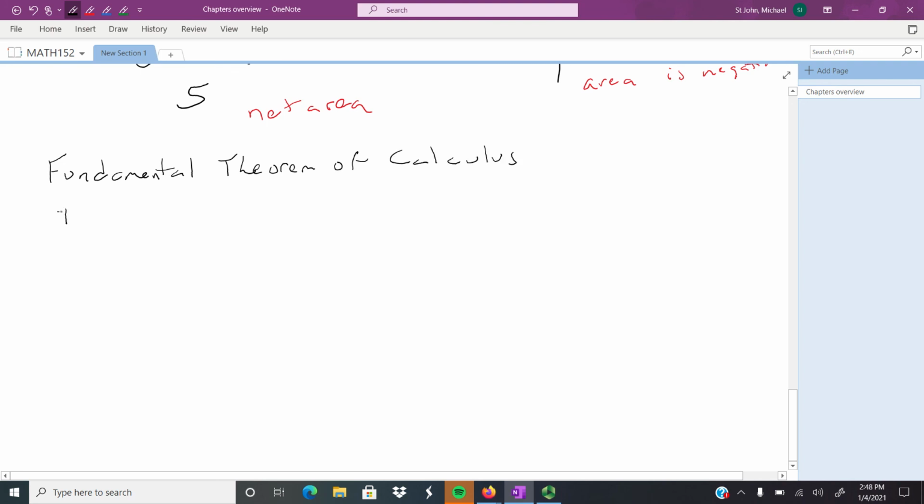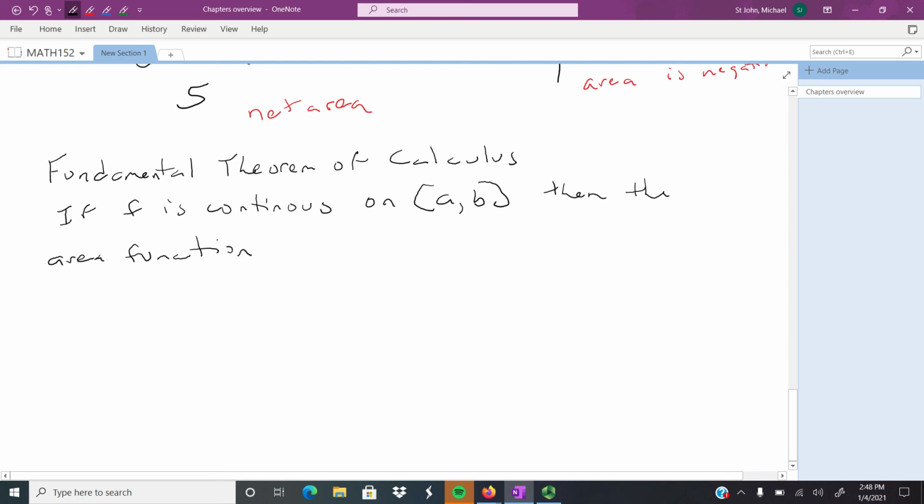And so if f is continuous on the interval a to b, whatever that might be, then the area function A of x, so area, is the integral from a to x of f of t dt for a less than or equal to x less than or equal to b, right?